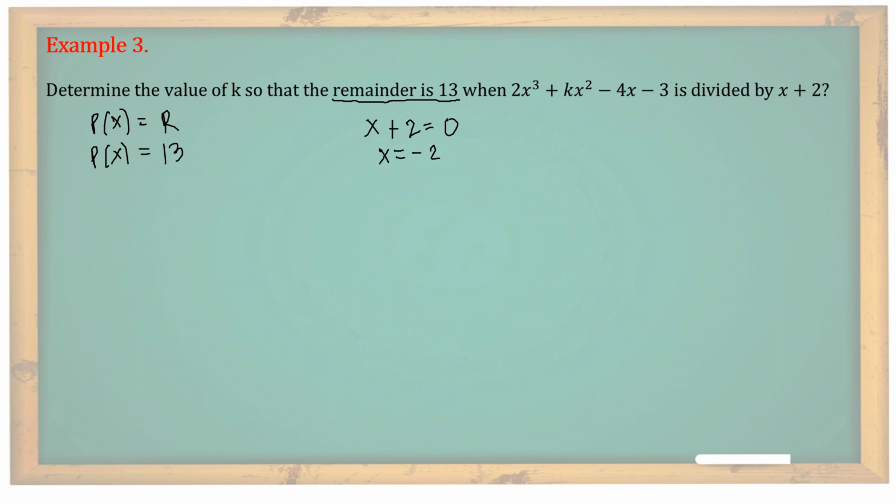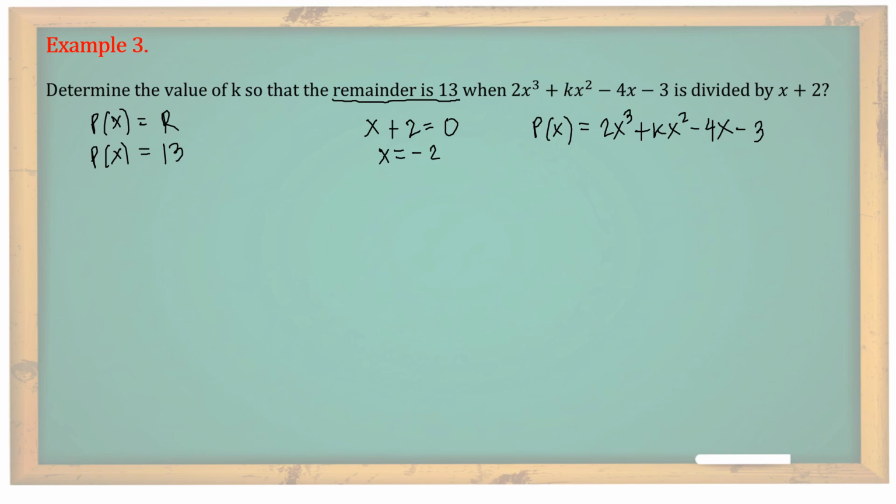Yung ating p of x, ito yung ating p of x, is equal to 2x cubed plus kx squared minus 4x minus 3. So i-substitute natin dito yung ating p of x. I-substitute muna natin yung value ni x, which is negative 2.